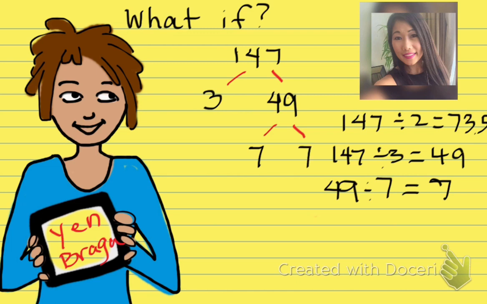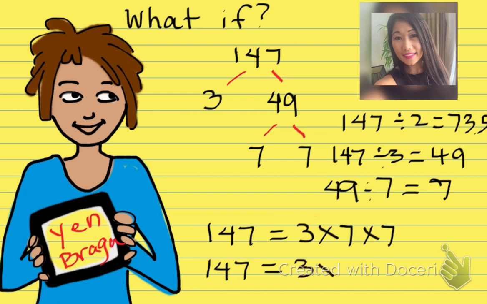So we have our factors now. 147 prime factors are 3 times 7 times 7. Or let's say 147 equals 3 times 7 squared.